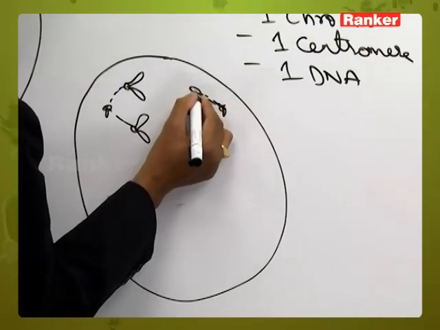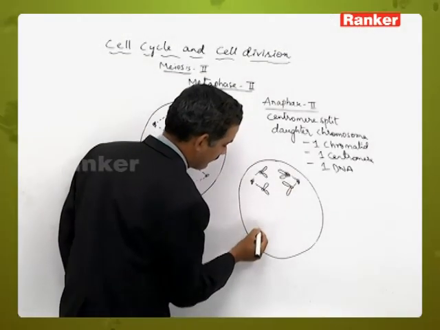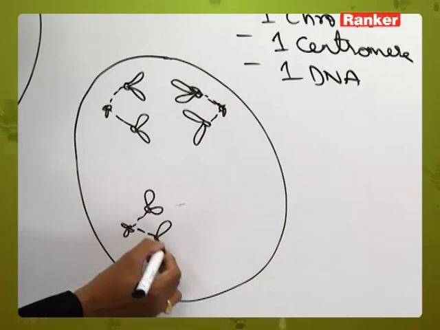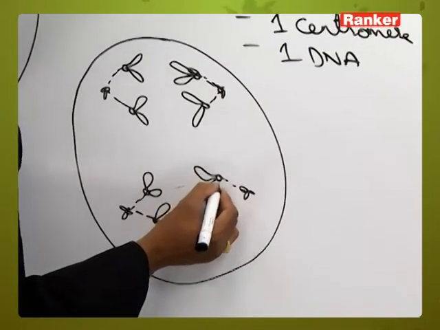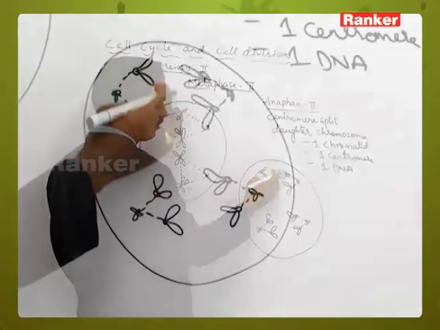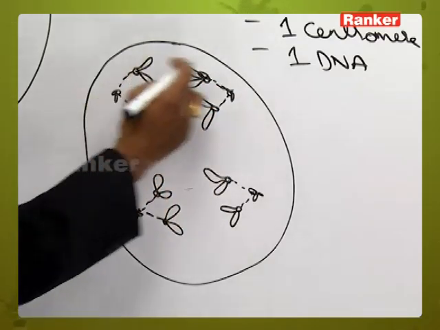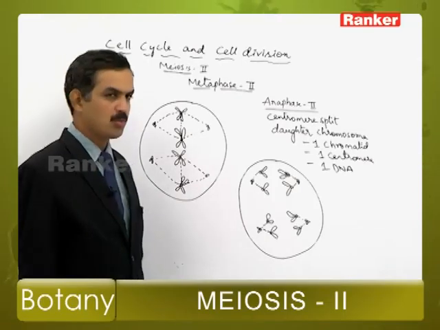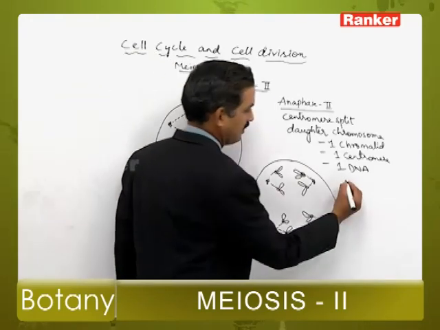With the contraction of the spindle fibers, the chromatids move towards the opposite poles. Likewise, the daughter chromosomes move toward this pole, and these 2 daughters move to this side. At the 4 corners we can see 4 groups of chromosomes accumulated towards the 4 corners of the cell. Then telophase 2.